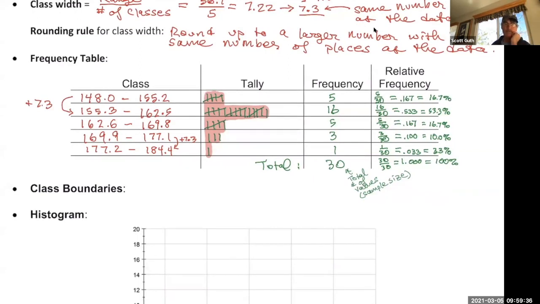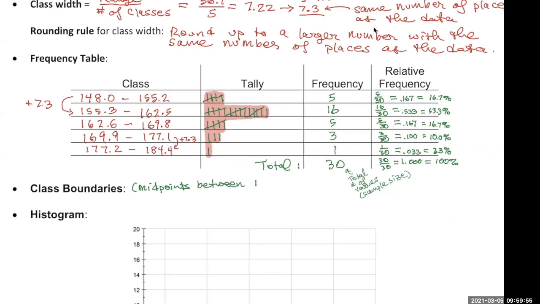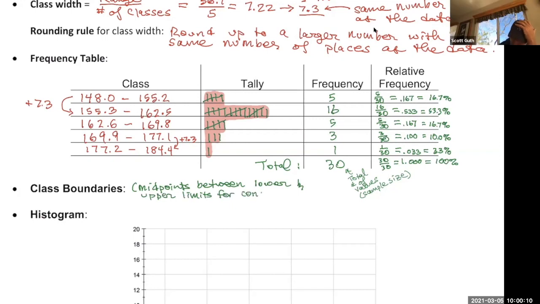So we have to do class boundaries real quick. What you're doing here is taking the midpoint between the lower and upper limits for consecutive classes.